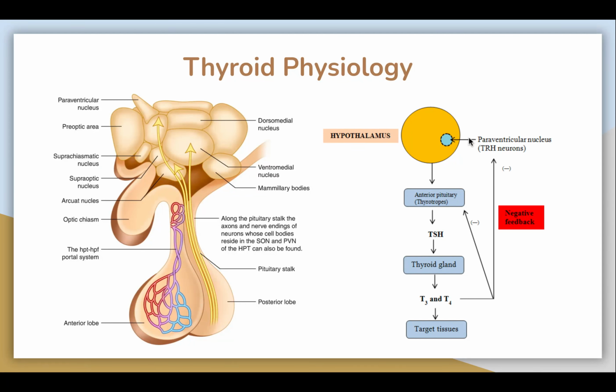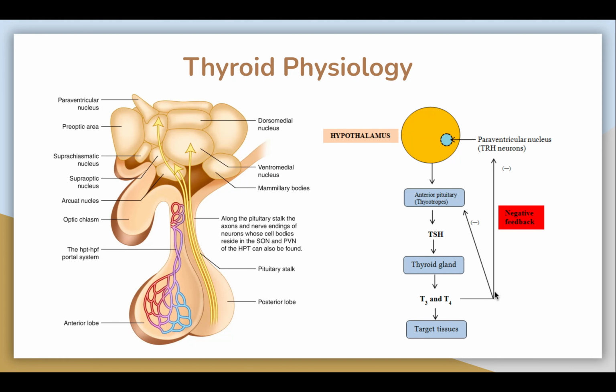Okay, so as I have mentioned, the paraventricular nucleus, which is an accumulation of neurons within the brain, releases TRH into the anterior hypophysis or the anterior pituitary gland to release thyroid stimulating hormone, and thyroid stimulating hormone goes into the thyroid gland, increasing the production of T3 and T4, eventually going to the target tissues.